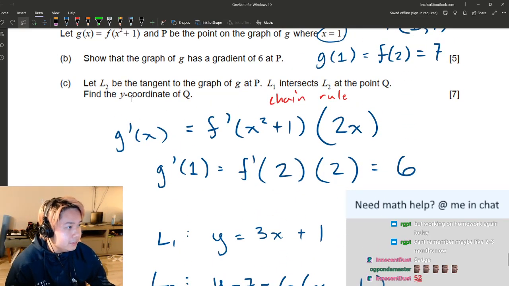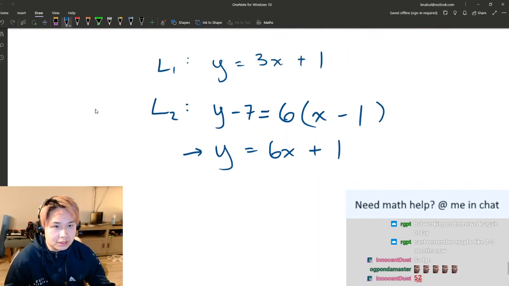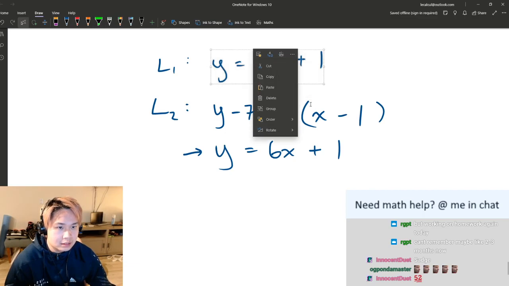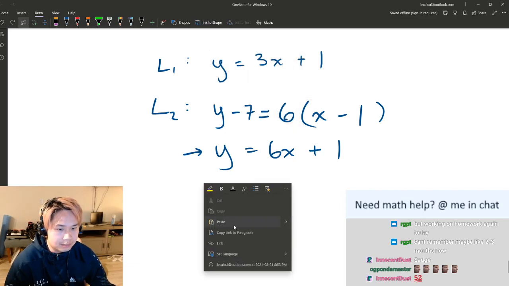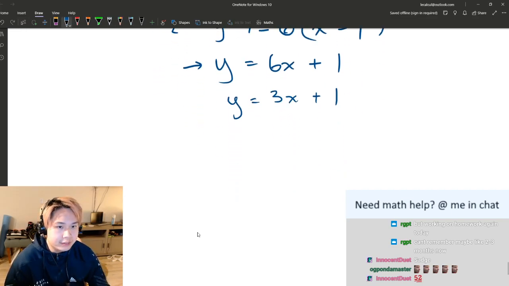Okay, and then I need to find the y coordinate of Q. So there's lots of ways that we can do this, because essentially we have a system. But since I want to find out what y is, I'm going to just eliminate x.